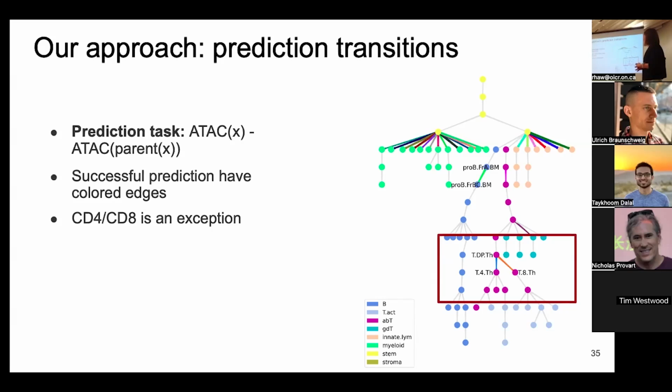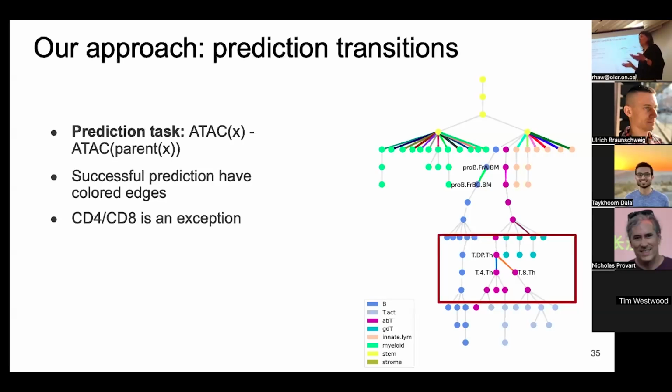Okay, so we try to solve this problem, and everything that is predicted well is colored, and you can see it is actually not very many things. It's interesting because we're doing great on lineage, and this tells you that there are just specific contrasts that you can predict well. All of these cell types are different.